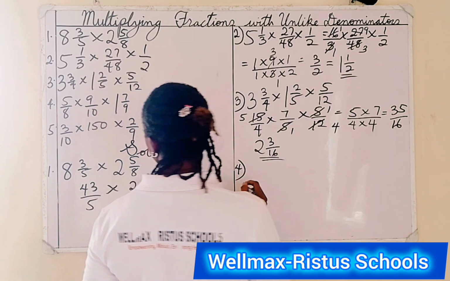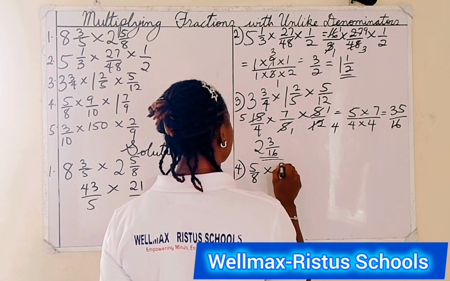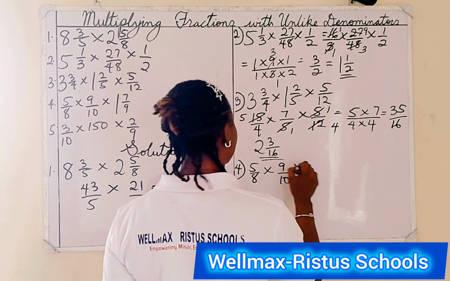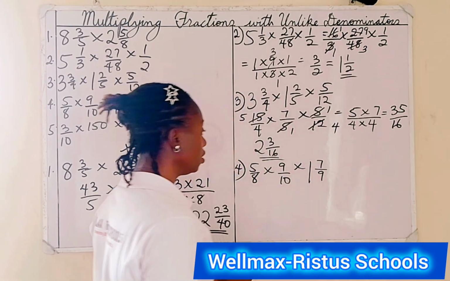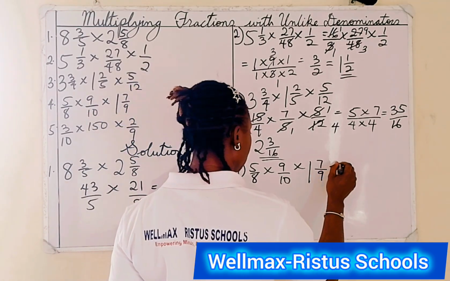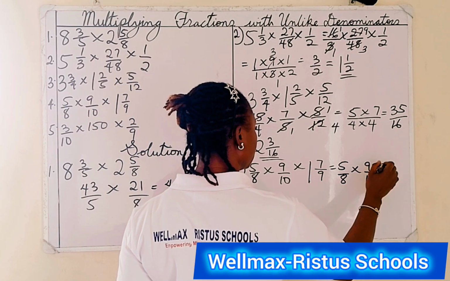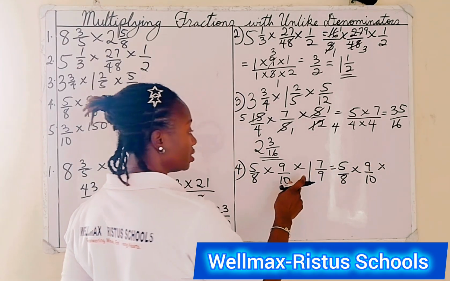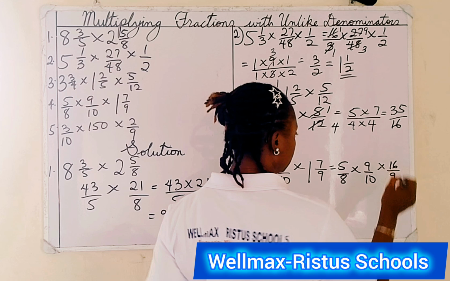Question 4. 5 over 8 times 9 over 10 times 1 whole 7 over 9. Now let's expand this to give us 5 over 8 times 9 over 10 times 9 times 1 is 9 plus 7 is 16 over 9.